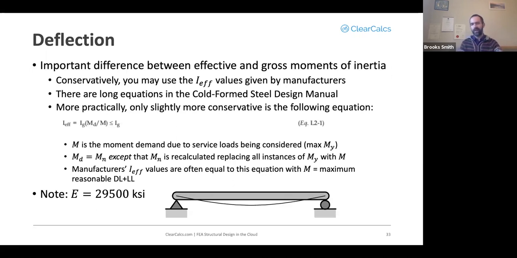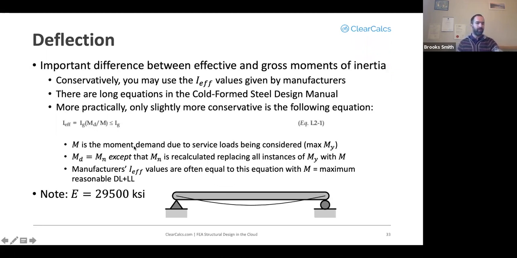But more practically, what you are probably going to want to use is the only slightly more conservative equation given here. And that is taking your gross moment of inertia and ratioing it by the capacity divided by the demand.